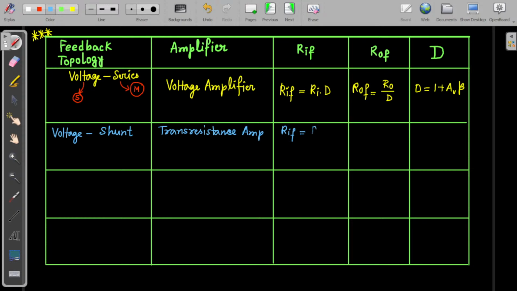RIF was RI divided by D, and what was R0F? R0F was R0 divided by D. What was D? D था 1 plus A beta, and A is nothing but the gain of the basic amplifier, and since we are using the trans resistance amplifier, the gain of the trans resistance amplifier is the trans resistance, that is Rm into beta. Another thing, this voltage denotes the sampler and this shunt denotes the mixer.